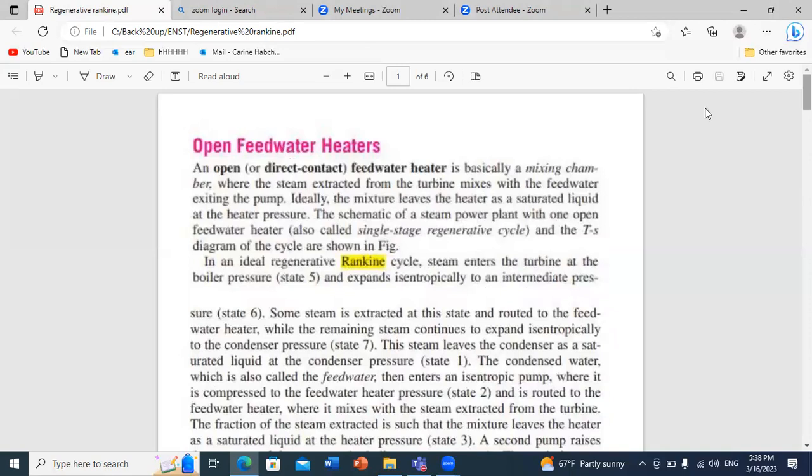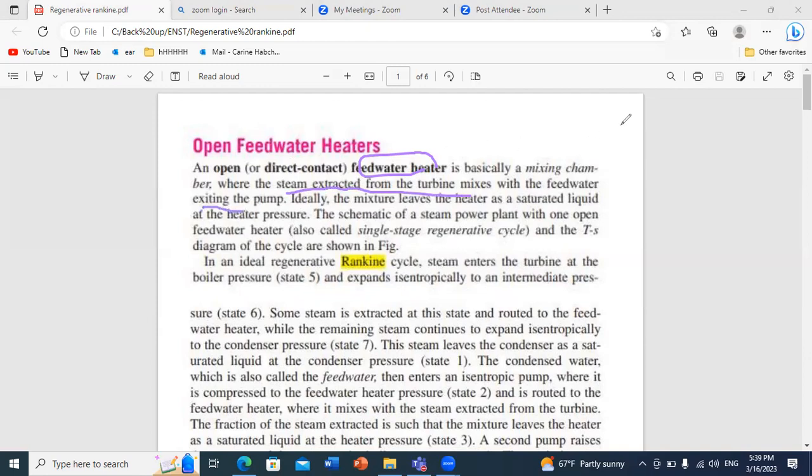So an open or direct contact feed water heater, which is basically a mixing chamber, will be added to the cycle. The purpose of this feed water heater is the following. In this heater, a part of the steam extracted from the turbine will mix with the feed water exiting the pump. Now we'll see what is the purpose of this.